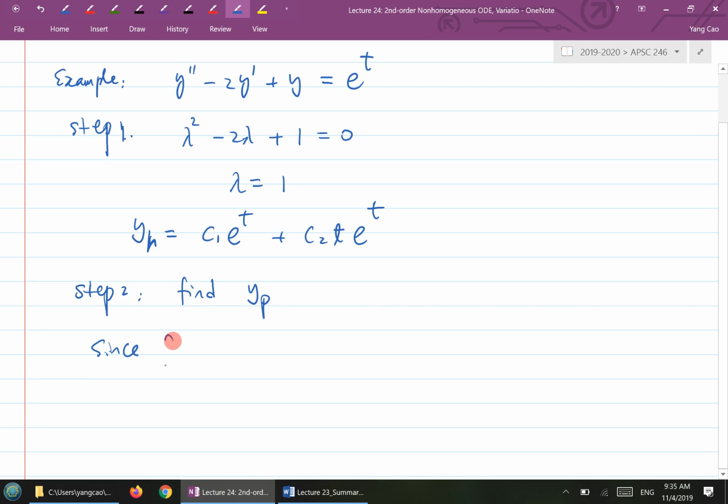Since your input is e to the power of t, what we call the basic choice of yp is equal to c times e to the power of t. That's your first initial choice of yp.